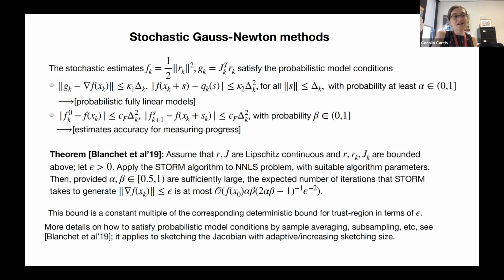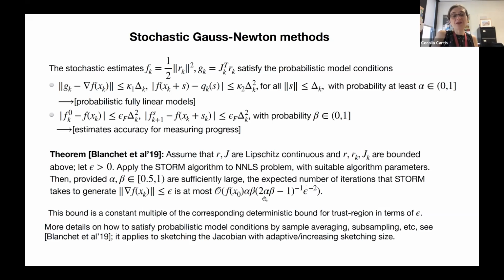Epsilon to the -2 is the deterministic complexity of Gauss-Newton method with trust region, say. So this matches that complexity of the deterministic case times a constant multiple depending on the probability of the model and the function estimates being sufficiently good.